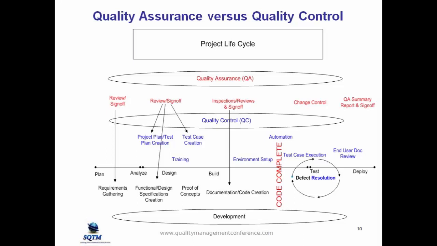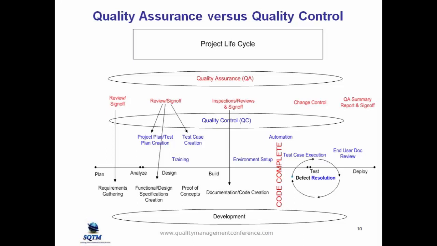So the way we read this, and hopefully it's not confusing to you, we've got quality assurance activities in red, quality control activities in blue, and then from a development perspective, those activities along the horizontal SDLC in black. So let's walk through this very quickly.